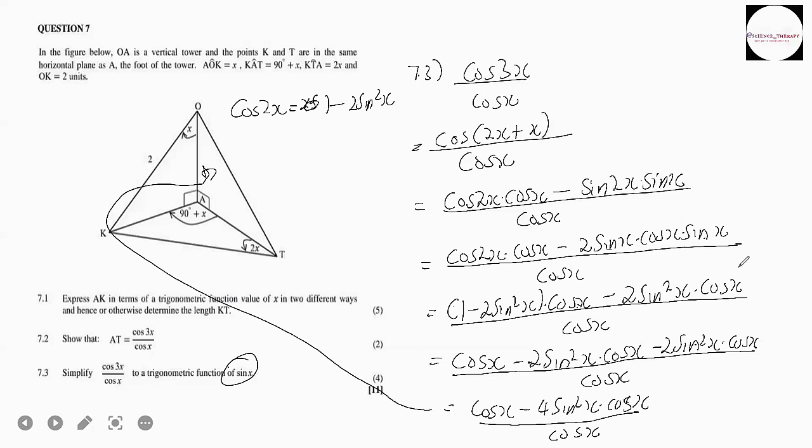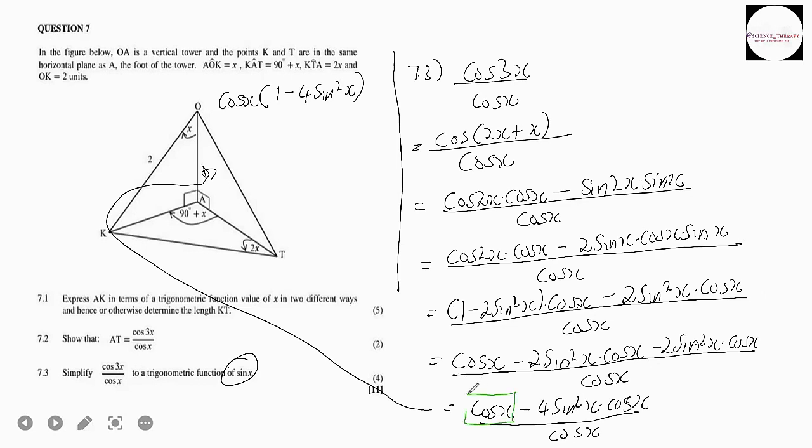Now at this point here, we can then try to factor out. So let's factor out the common factor. To factor out our common factor in the numerator here, we can see our common factor is cos x. So this will be cos x and then 1 minus 4 sine squared x. So you see what happened here? Factoring out the cos x.